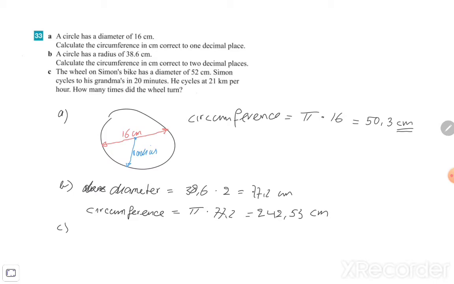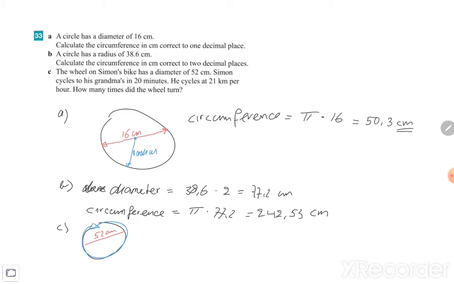Exercise C is that the diameter of the wheel of Simon's bike is 52 centimeters. Simon cycles to his grandma in 20 minutes. He cycles at 21 kilometers per hour. How many times did the wheel turn? In that case we need to know the circumference of Simon's wheel.